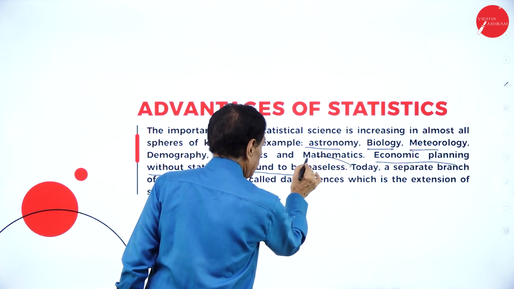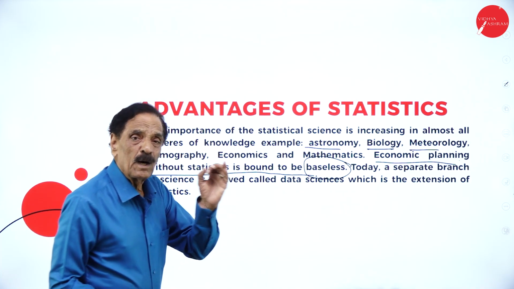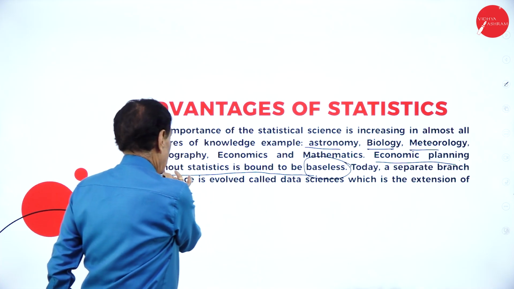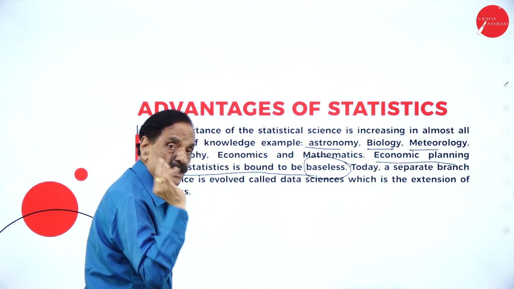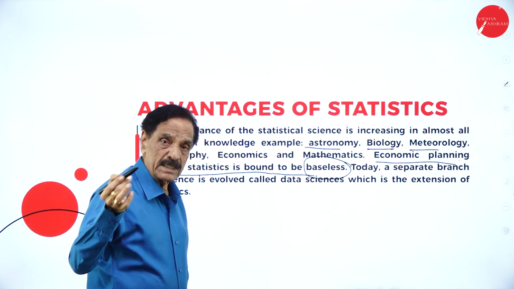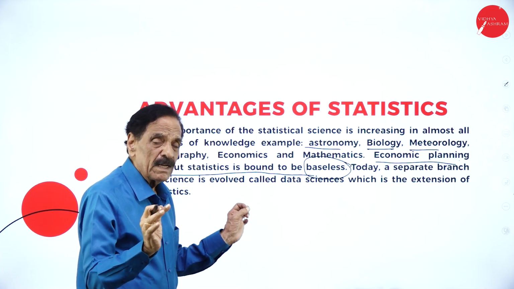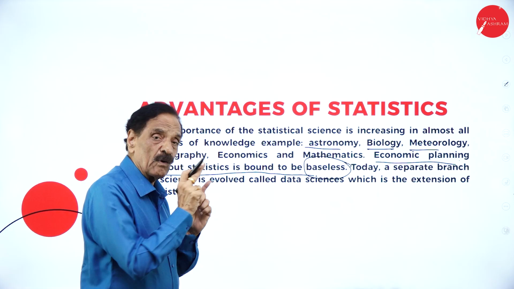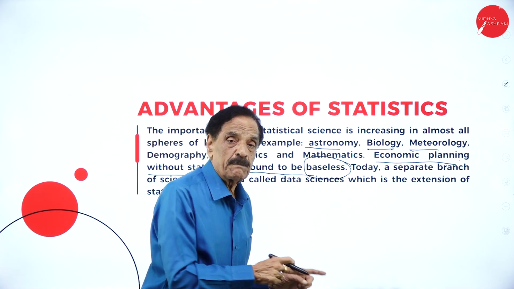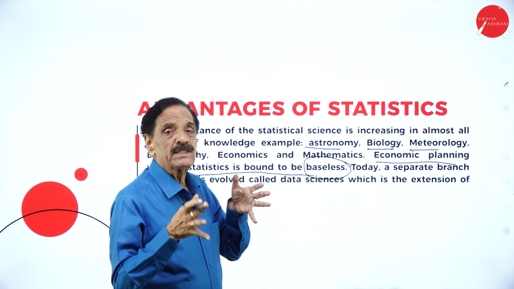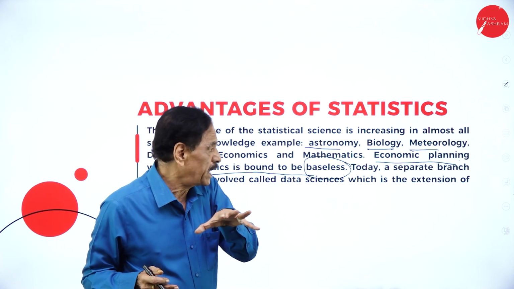This is important. Any economic planning depends upon statistics. Whatever figure is supplied by the statistics, the economic plan is framed on it. If the statistics give wrong information, the economic plan becomes wrong. So the entire economic plan depends upon the figures given by the statistics.